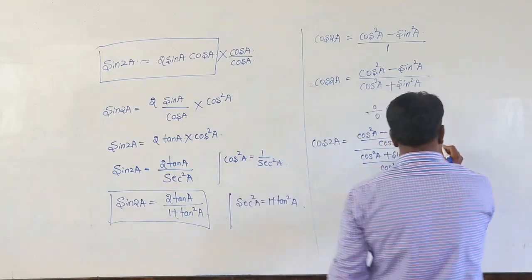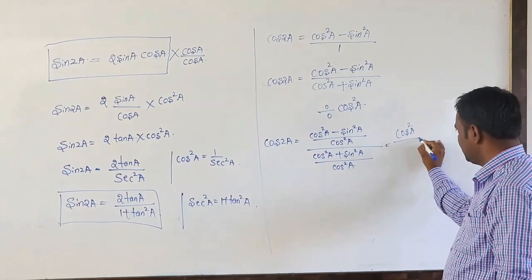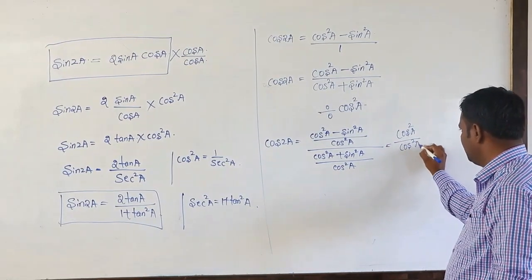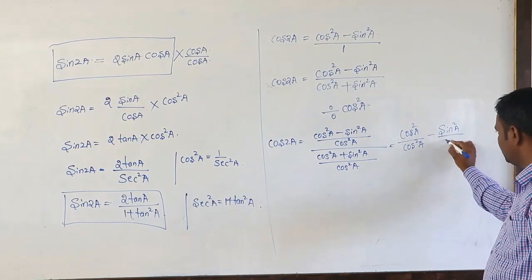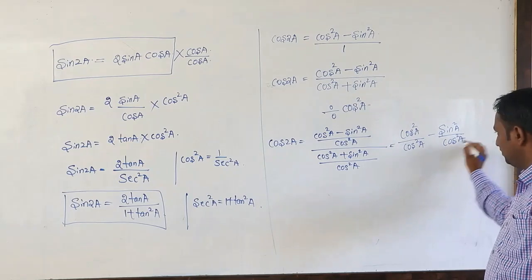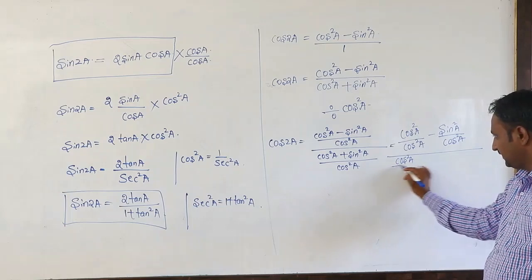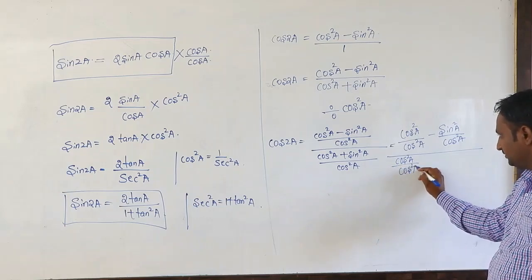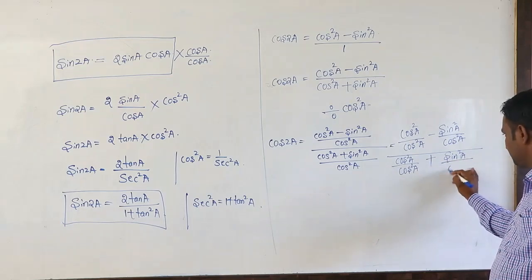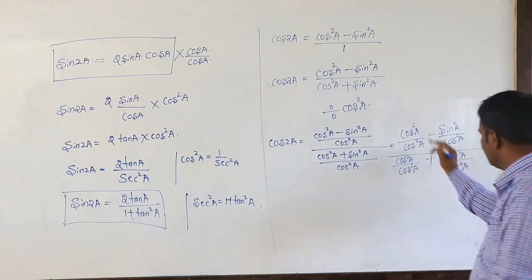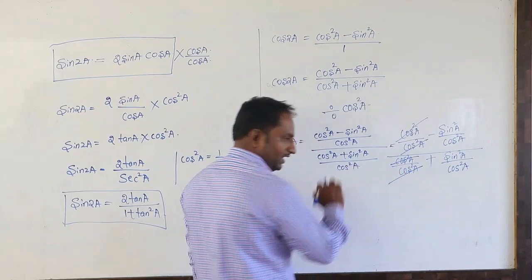Splitting this, we get cos square a divided by cos square a minus sin square a divided by cos square a, over cos square a divided by cos square a plus sin square a divided by cos square a. Here cos square a gets cancelled, and here also cos square a gets cancelled.